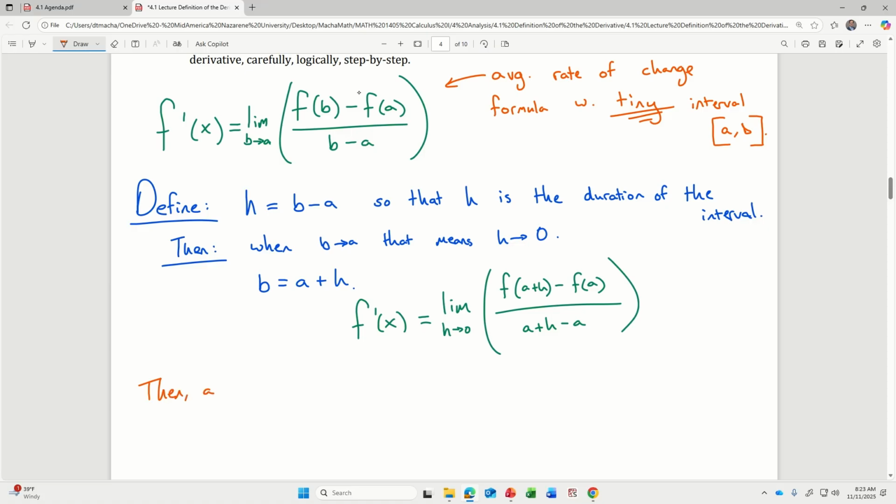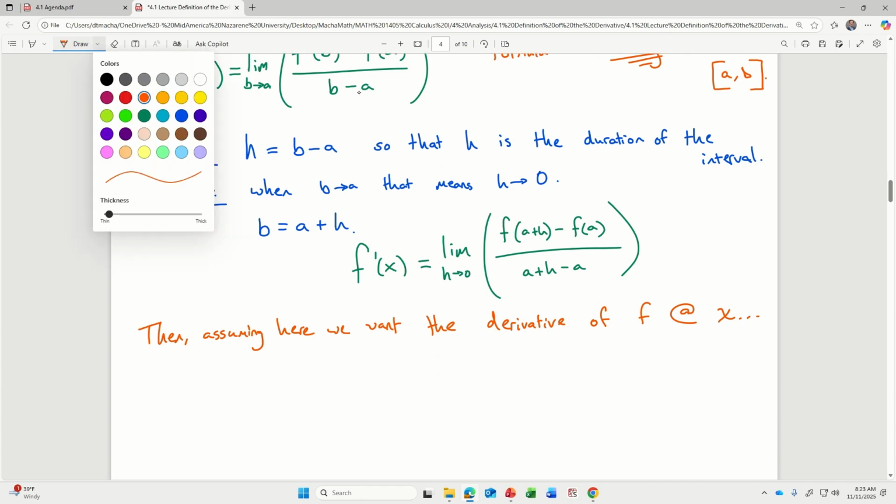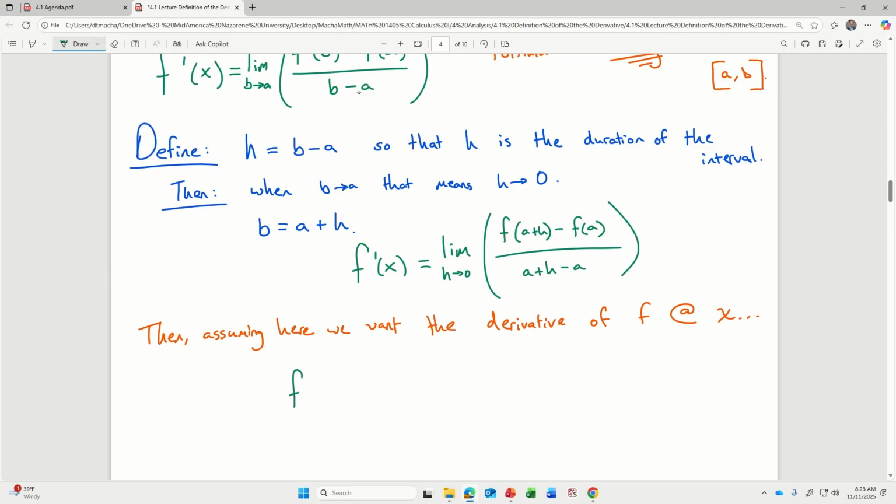Then, assuming here we want the derivative of f at the point x, what we should do is rewrite this green formula. So I got f prime of x equals the limit as h approaches 0 of f of x plus h minus f of x divided by h.